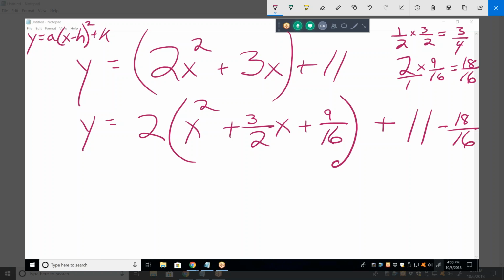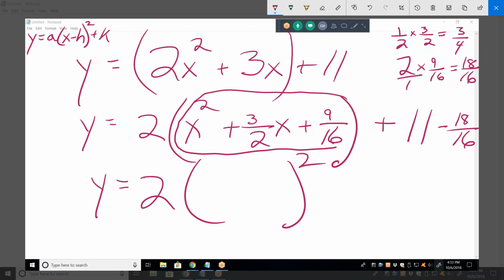Okay? Now, I'm close. I'm just one step away from being able to write it in vertex format. What goes here? In other words, this whole thing can now be written as a linear factor squared. Always. x plus what? I know it's a plus because that's a plus. What was half that coefficient?